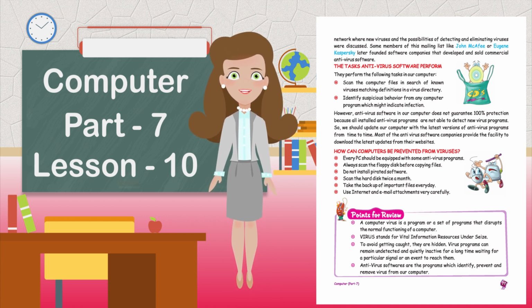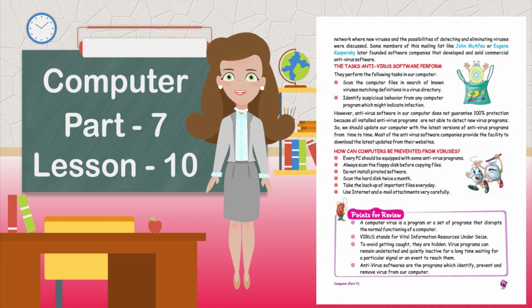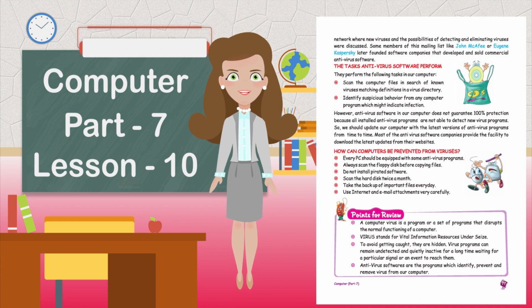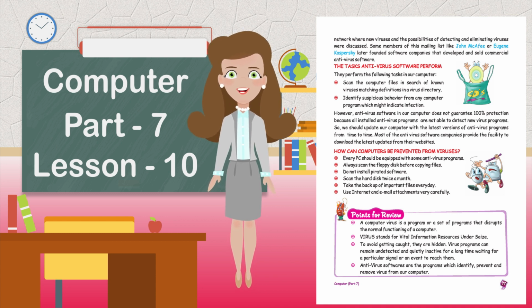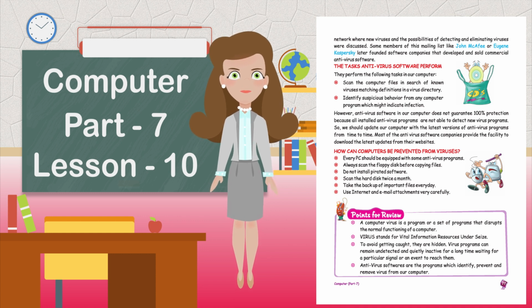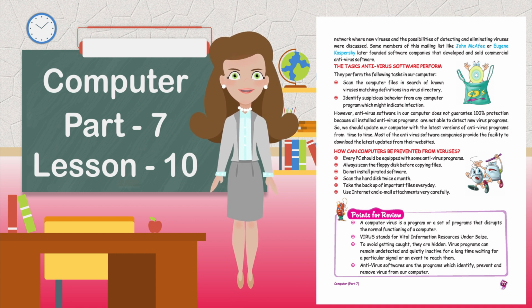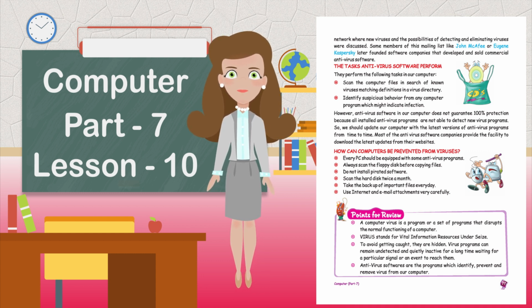Virus programs can remain undetected and quietly inactive for a long time, waiting for a particular signal or an event to reach them. Antivirus software are the programs which identify, prevent, and remove virus from our computer.